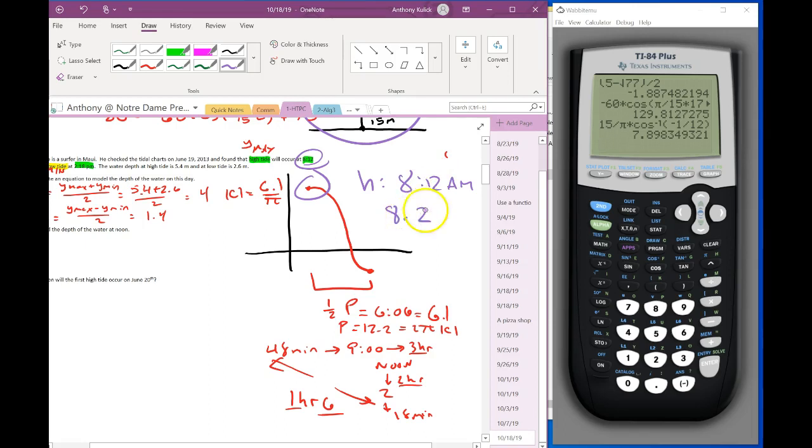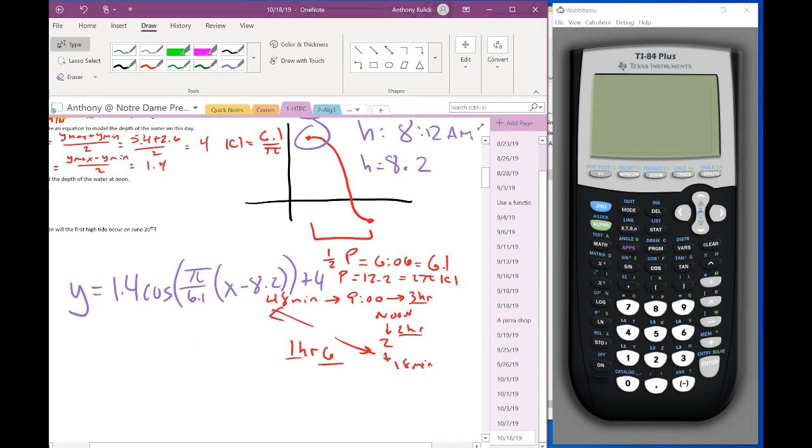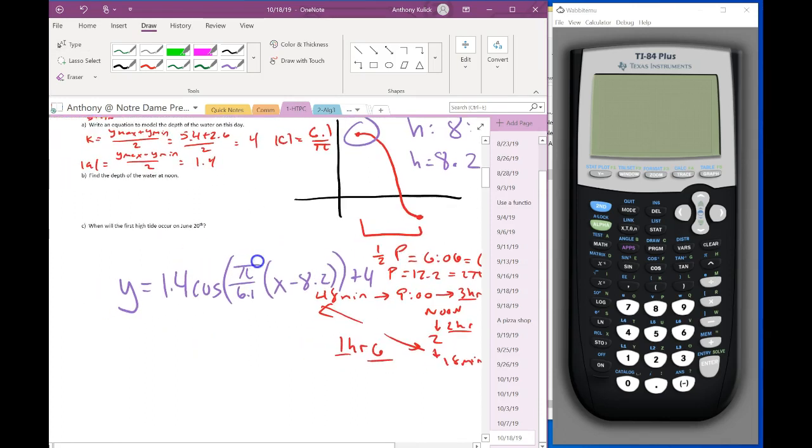So that's going to be 0.2. So h is 8.2. So I can say y equals 1.4 cosine of pi over 6.1 times x minus 8.2, plus 4. Okay with that idea? Okay.